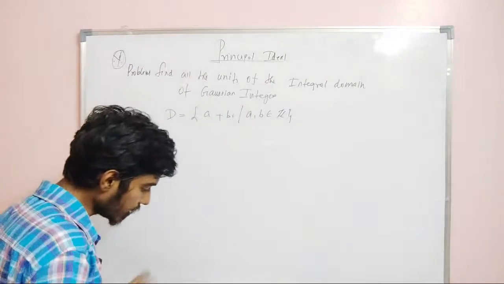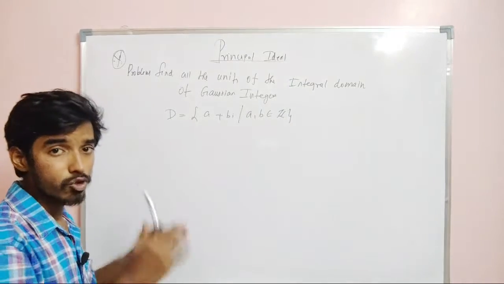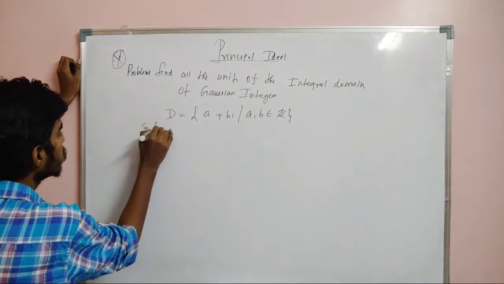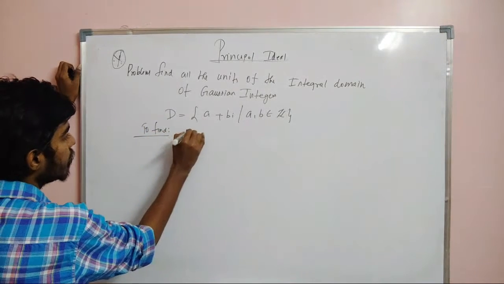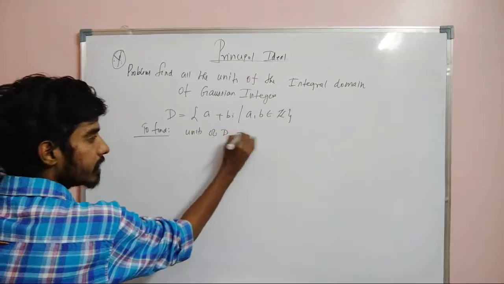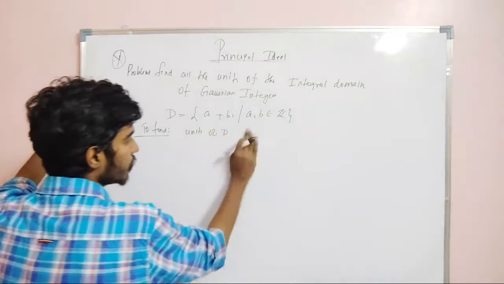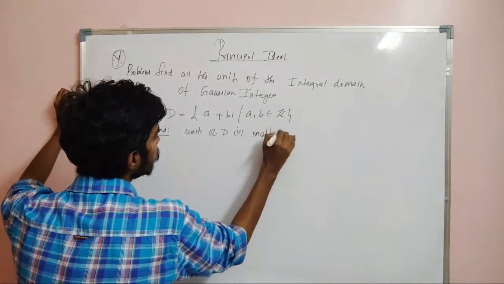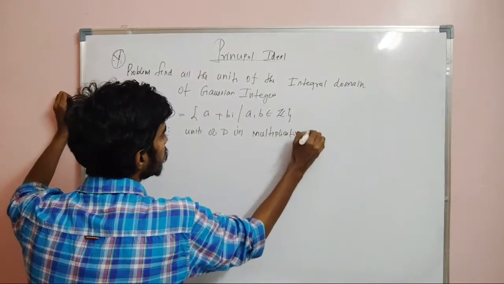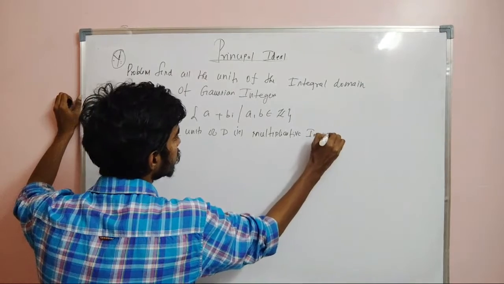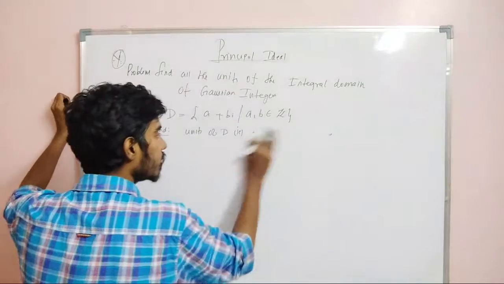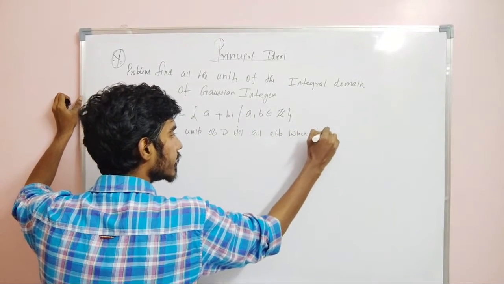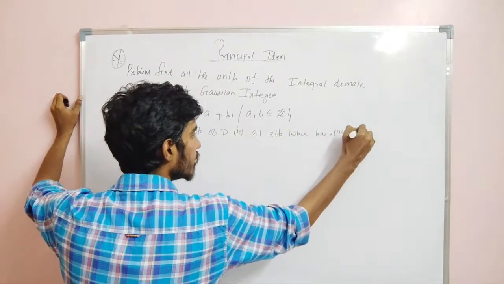Now what we need to do is find the units of D, that is, we need to find the multiplicative inverse. We need to find all elements which have a multiplicative inverse.